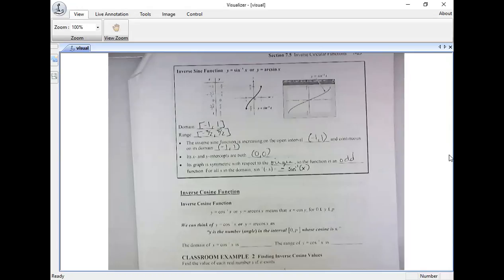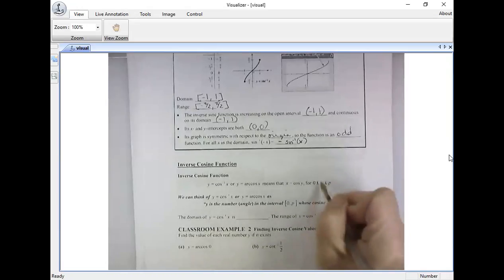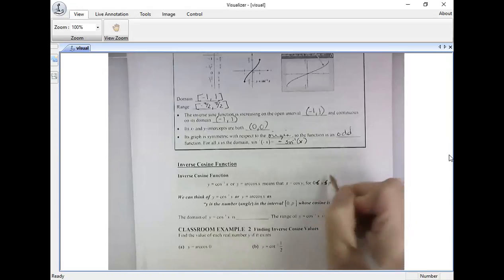And that rule is here on your even odd formula sheet, that having a negative angle measure changes the output to be negative. Now, let's talk about inverse cosine, okay? And this, again, did not print out exactly right, and this is going to be a pi.